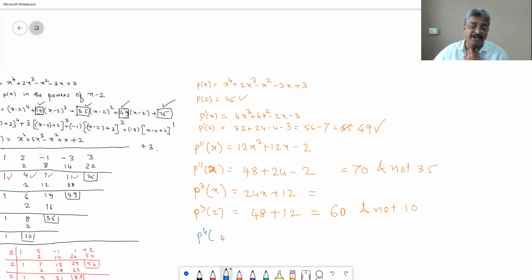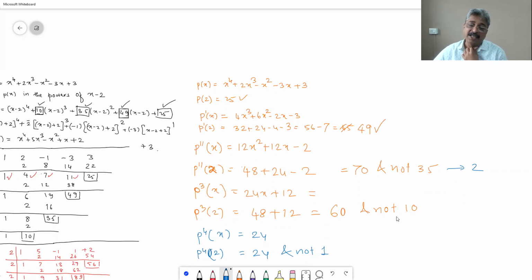P fourth derivative of x is equal to 24, and therefore P fourth derivative of 2 is equal to 24. We wanted 1 and not 1. Good. You wanted 70 and not 35, so the factor we got is 2.